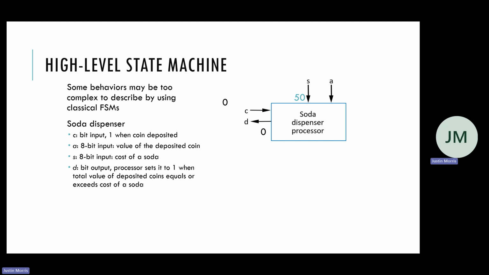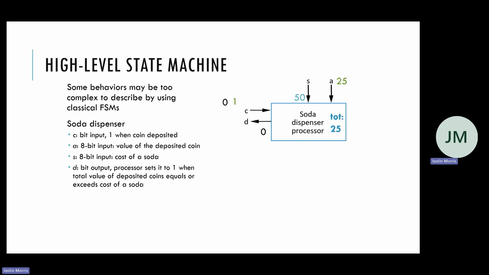And the other thing that finite state machines don't offer is like a stored memory. So here we have this 8-bit input S, which is the cost. So we're saying the cost is 50, whether it's 50 cents, something like that. And then if we have A, it's again an 8-bit input. So someone deposited a quarter, right? And then here's our internal storage.